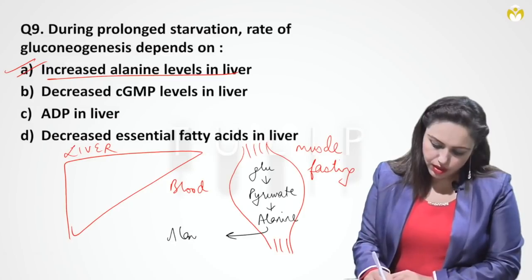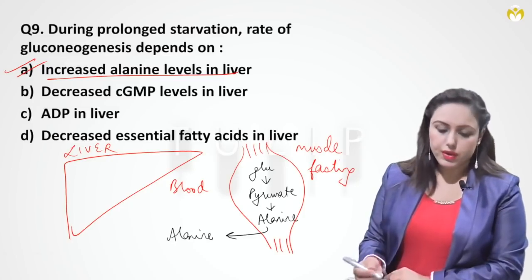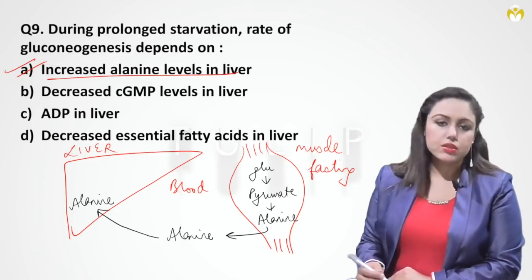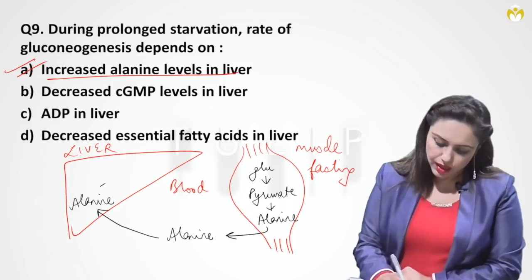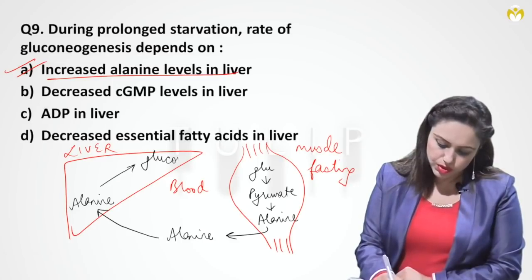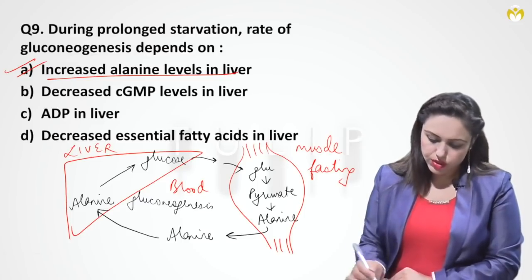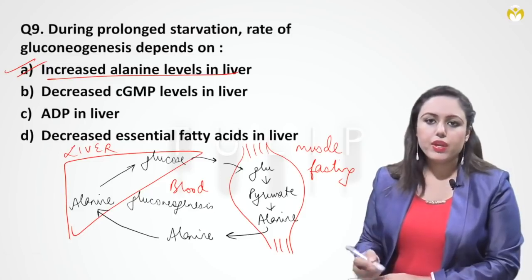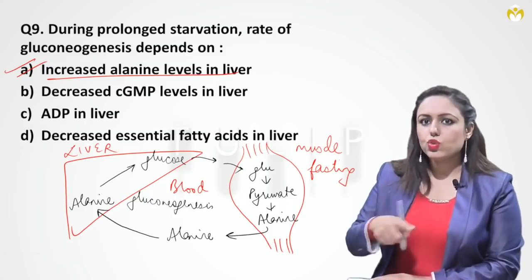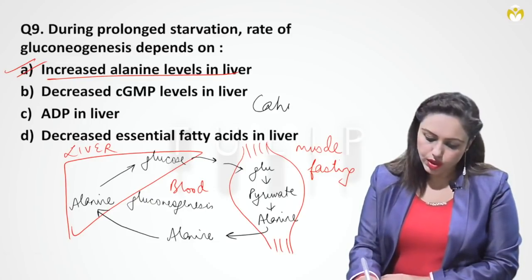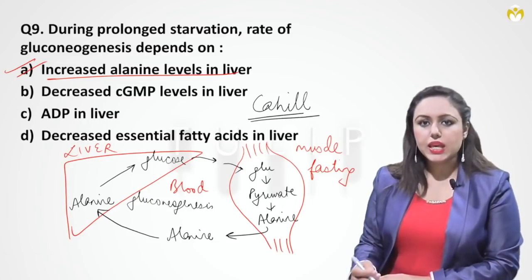This alanine then comes out of the muscle cell into blood, and this alanine is taken up by liver cells. Now in liver, this alanine will form glucose by which pathway? Gluconeogenesis, and then this glucose is supplied to fasting muscle. So this is a cycle, known as glucose alanine cycle, also known as Cahill cycle.